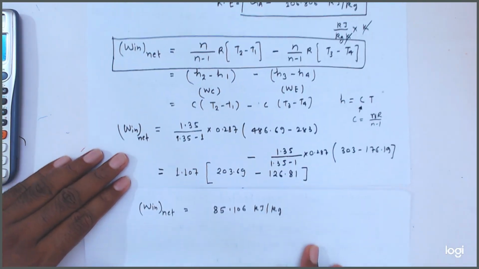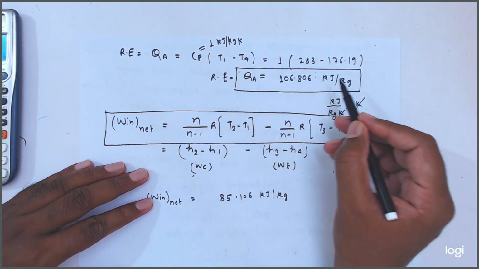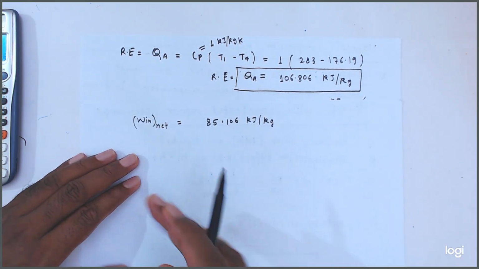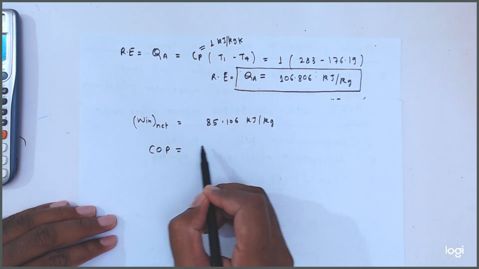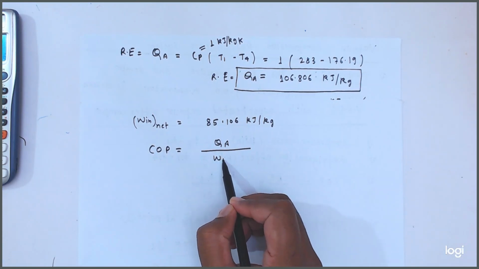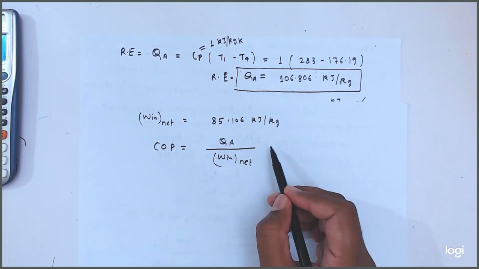So we are able to find the refrigeration effect, 106.806 kilojoule, and the net work input. So what is the COP? COP is equal to heat addition upon net work input.